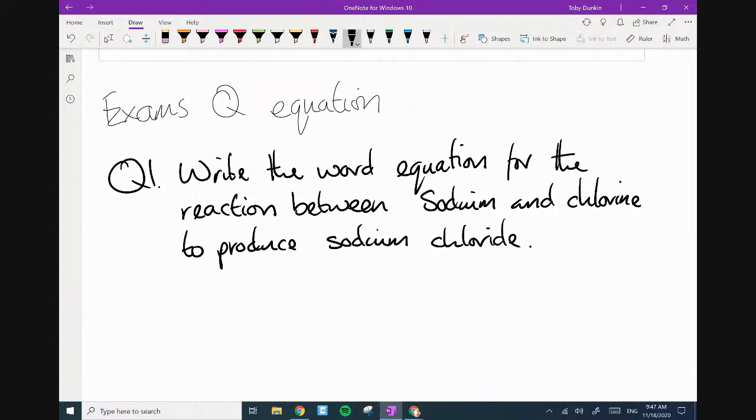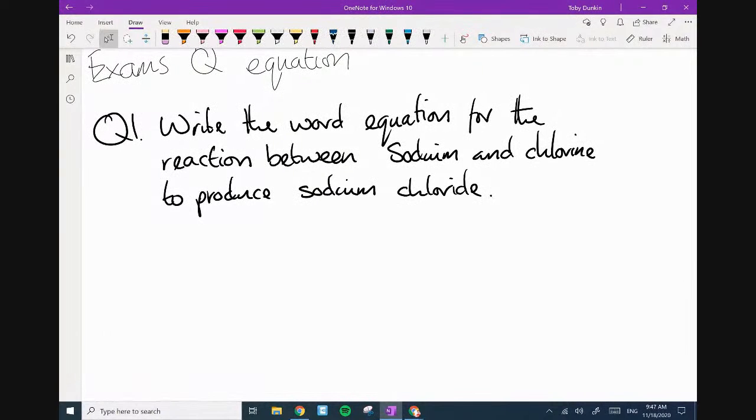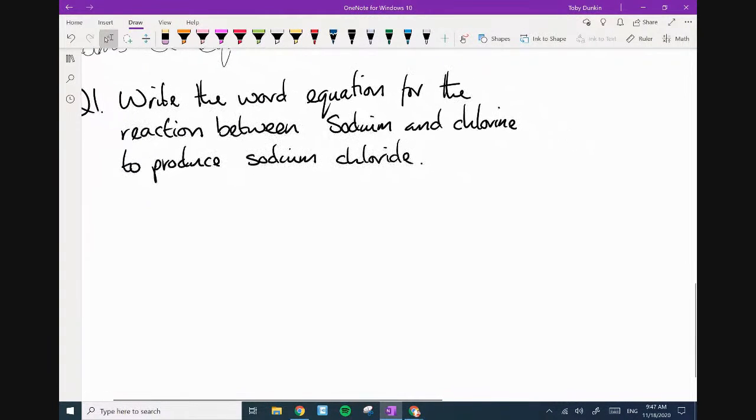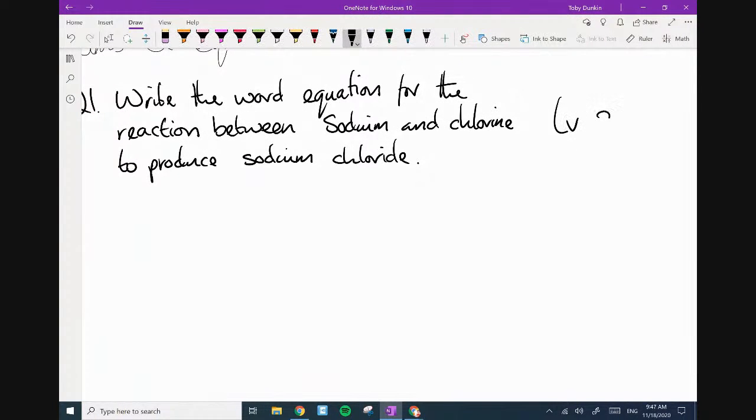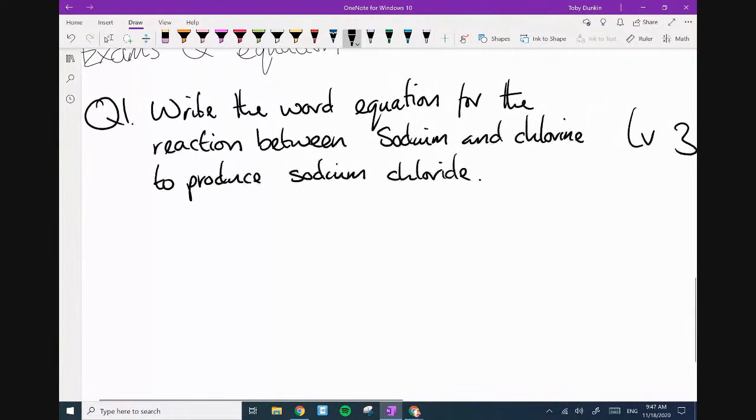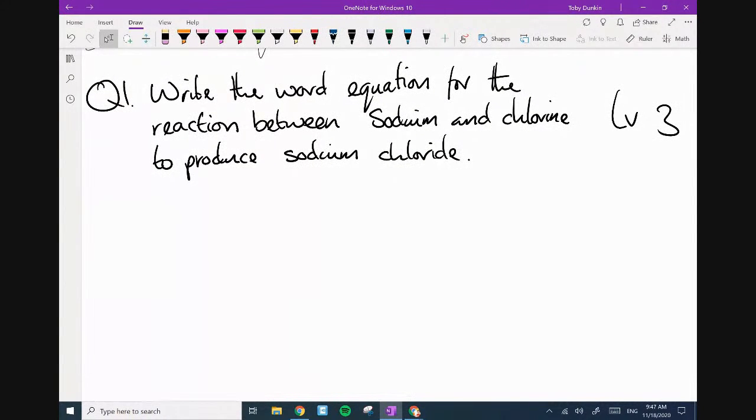Now you realize that, and I know it seems a little bit ridiculous, this. The reason why that level is so low, level 3 really, is because they've given you everything, and all they're testing you on is being able to put those words into a simple context of an equation, and all they're really testing you on is this. The answer for this question is simply recognizing that arrow.